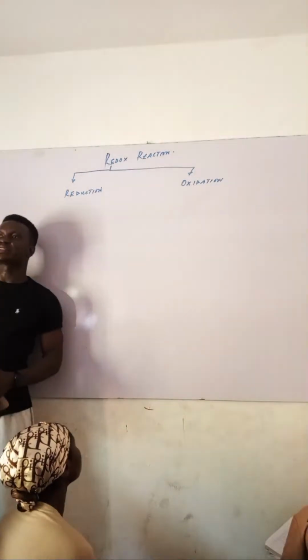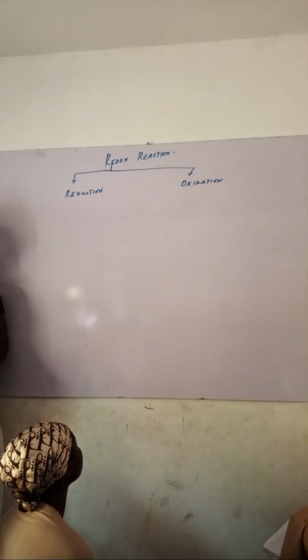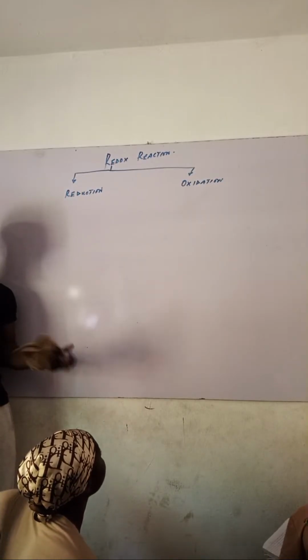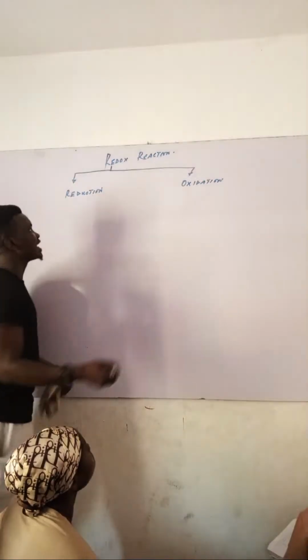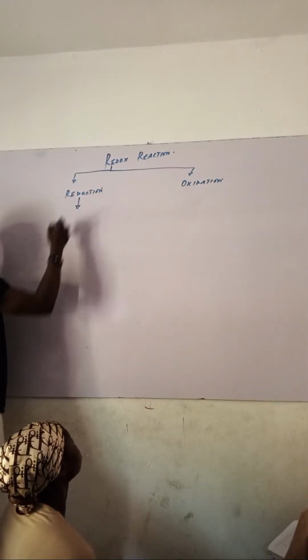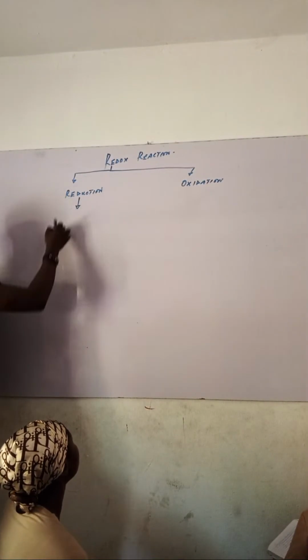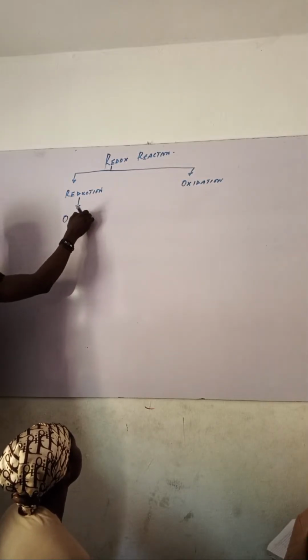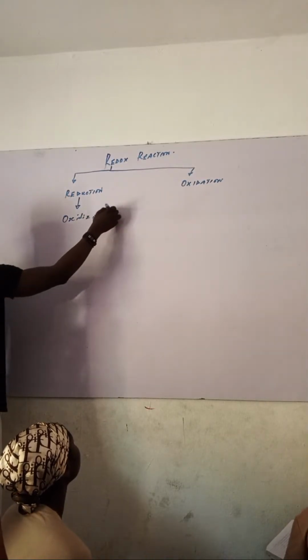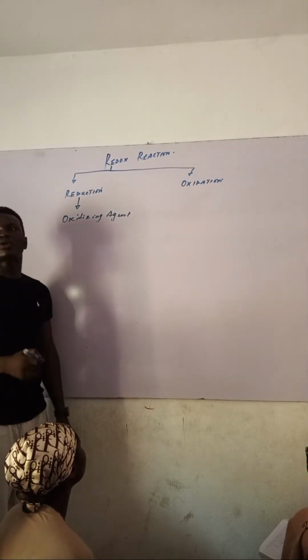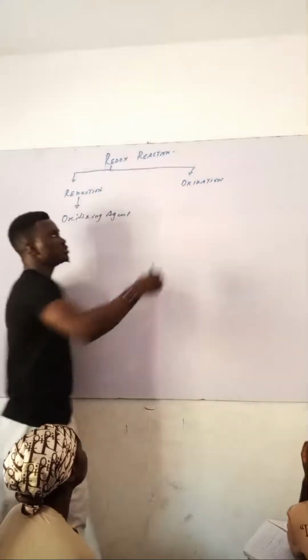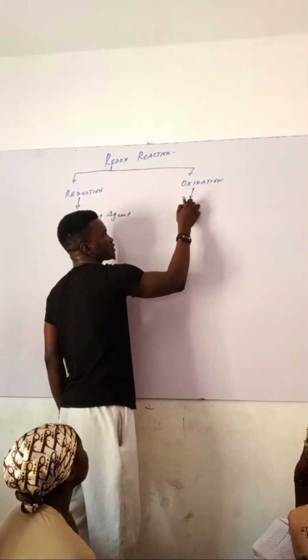If a substance is undergoing reduction, the other is undergoing oxidation automatically. But that substance that is undergoing reduction, we usually call it the oxidizing agent, while the one undergoing oxidation is called the reducing agent.